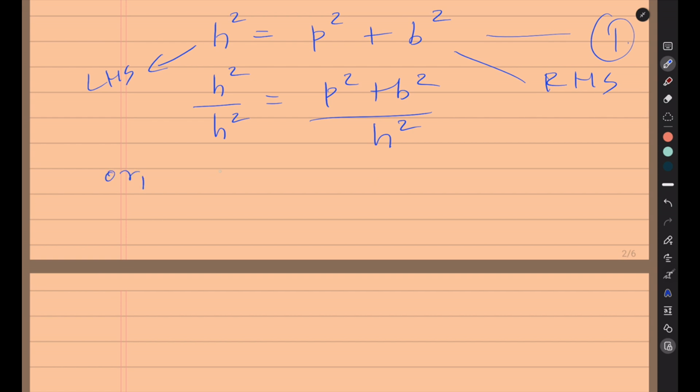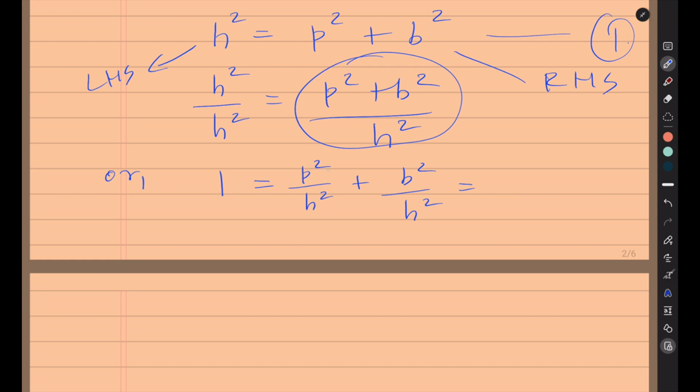So what we get? 1 is equal to p square plus b square divided by h square, or we can also write p square by h square plus b square by h square, isn't it?